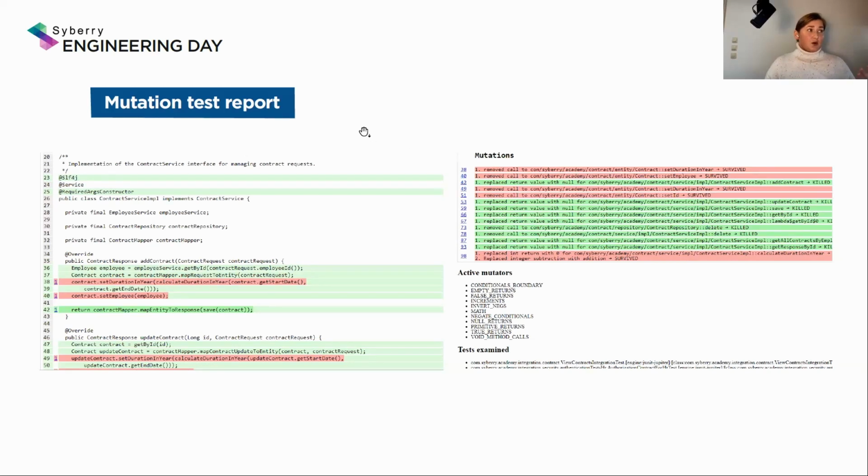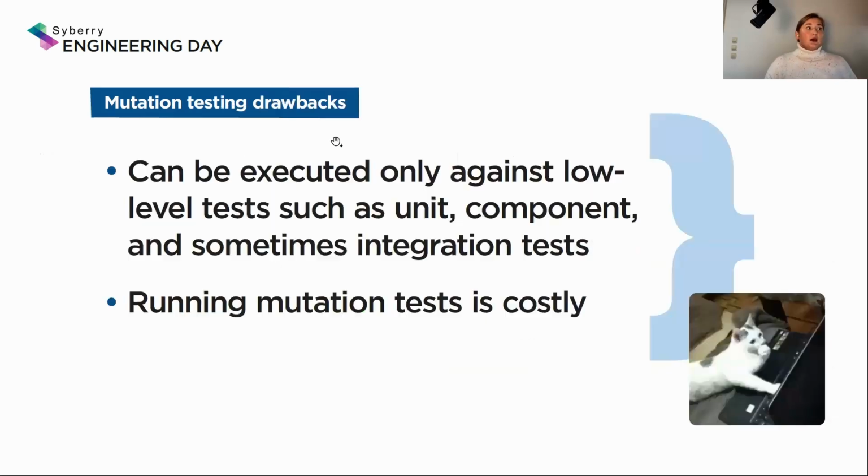Okay, so now we can clearly see that mutation testing can give us some benefits. It can help us to ensure quality, right? But of course, there are drawbacks as well.